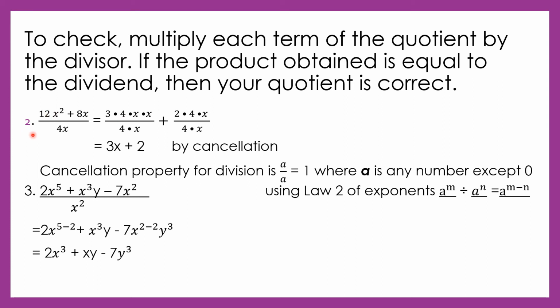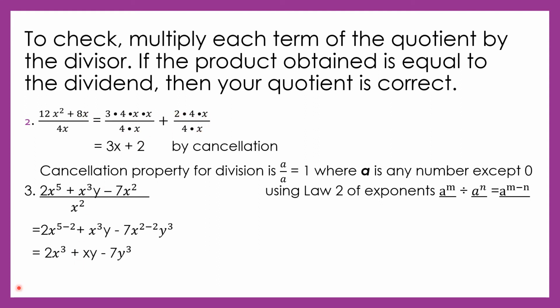Example number 2: 12x squared plus 8x over 4x. So, we need to factor out, or expand. The factors of 12x squared is 3 times 4 times x over 4x, plus the factors of 8x is 2 times 4 times x.